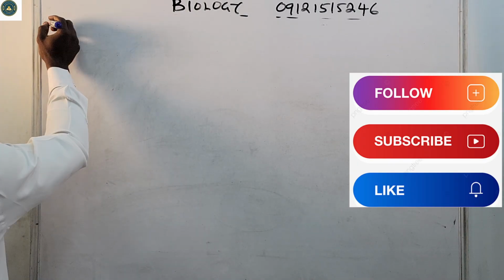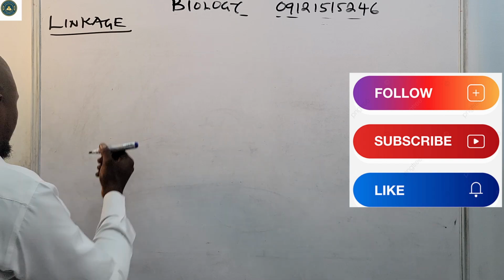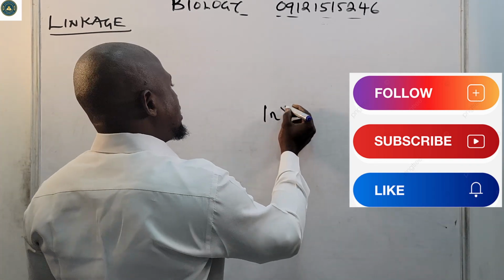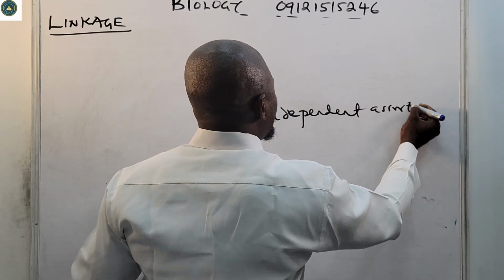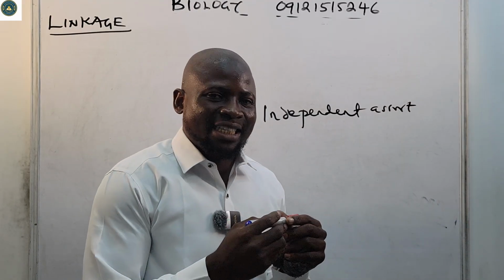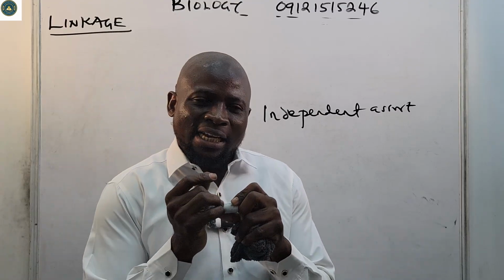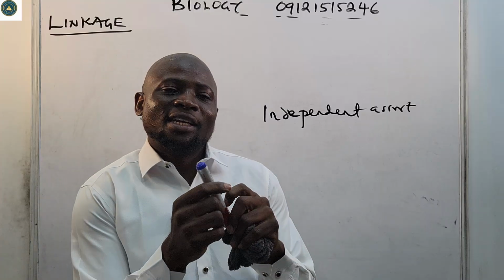So let us look at linkage. According to the law of independent assortment that we saw, different traits assort independently. That's what we learned from the law of independent assortment, isn't it? Now, linkage is different.